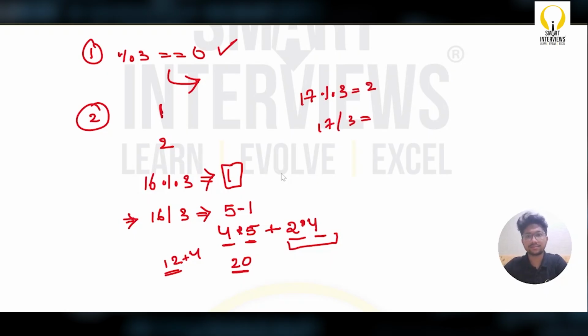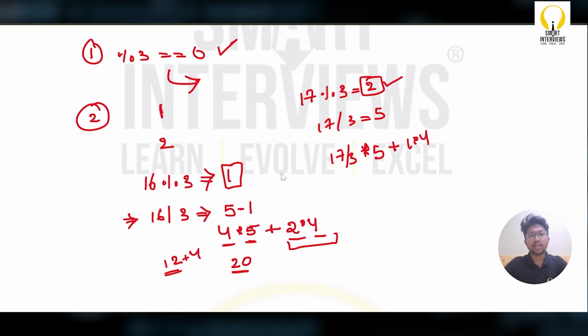What is the answer? 5. If the remainder is 2, then simply do 5 into 5 plus 1 into 4. I'll use 1 coin.